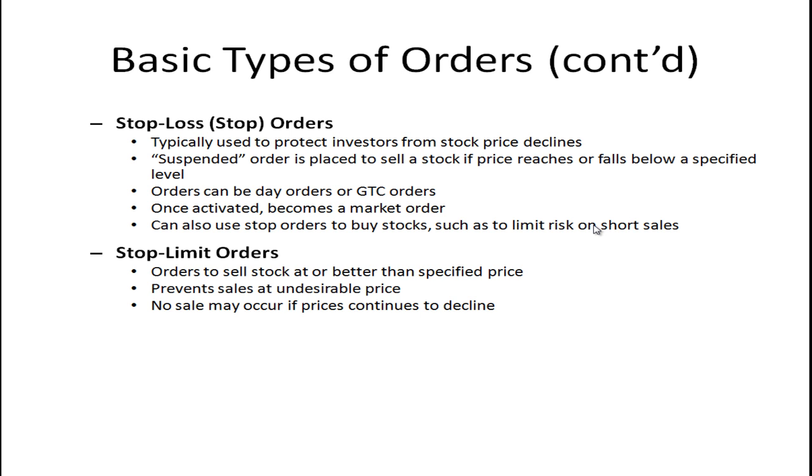And so this is the case where if the price hits 100, it becomes a market order, and you could wind up selling your stock not for 100, but maybe for 98 or 97, depending on how quickly the stock price is falling. But it still is a way to protect yourself from the price of the stock falling a great deal, because if you have this stop loss order in, at least this sell order will kick in once it hits whatever that price is.